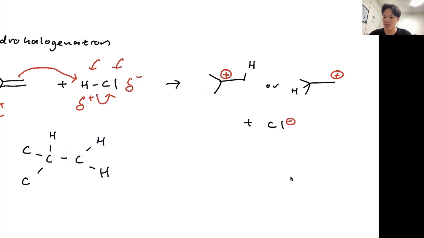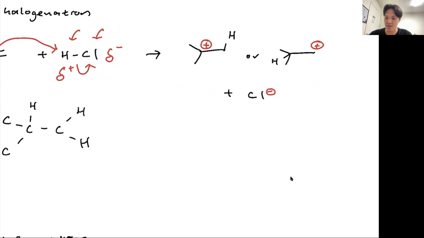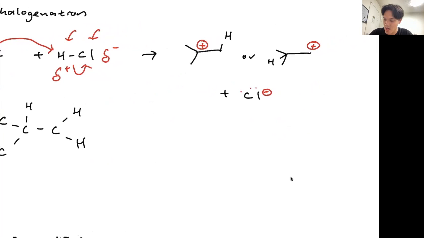And now, since we have a positive carbocation and a negative chlorine, which just left, we can attach it. This has 8 lone pairs, so it's going to attach there. And just like in an SN1 reaction, this can attach both front and back.